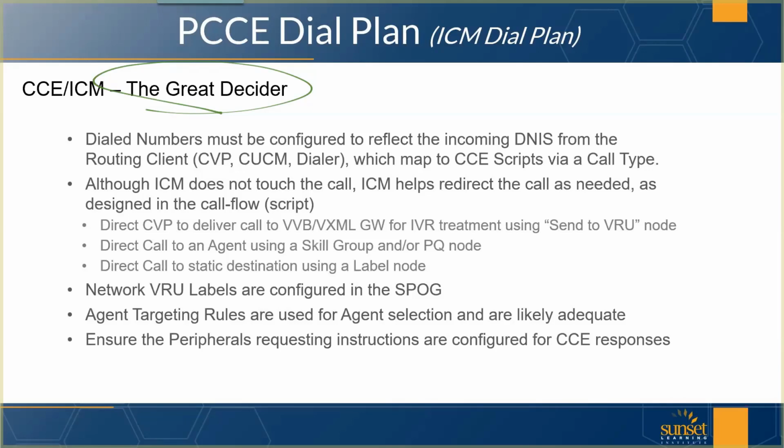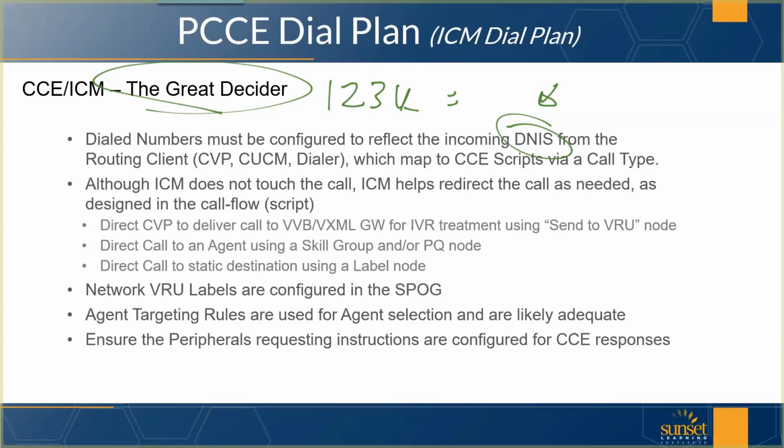The first thing necessary to configure in ICM is, of course, the incoming DNs. If I deliver a dialed number into ICM, say 1234, as a route request, and that dialed number is not configured in ICM, then that route request will be completely rejected. ICM will not be able to process it.